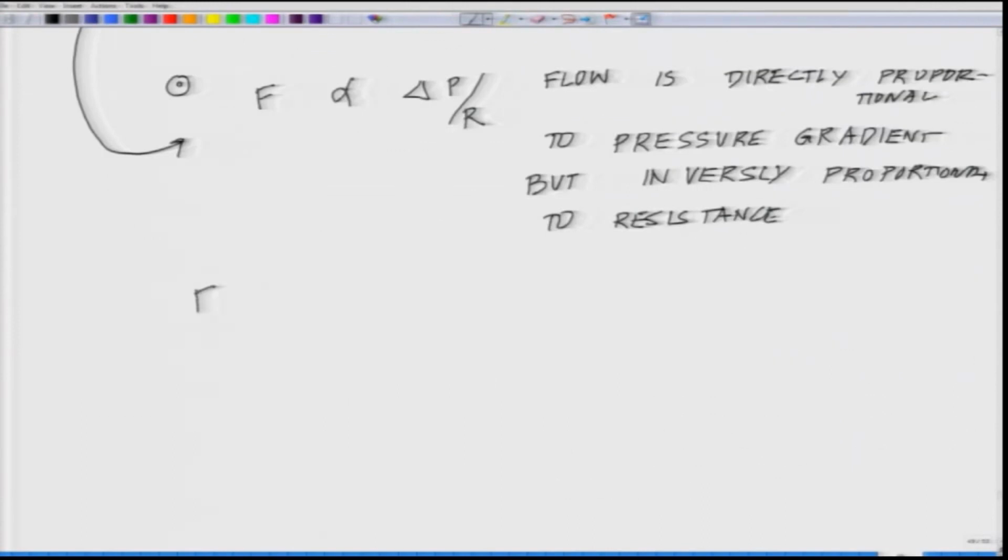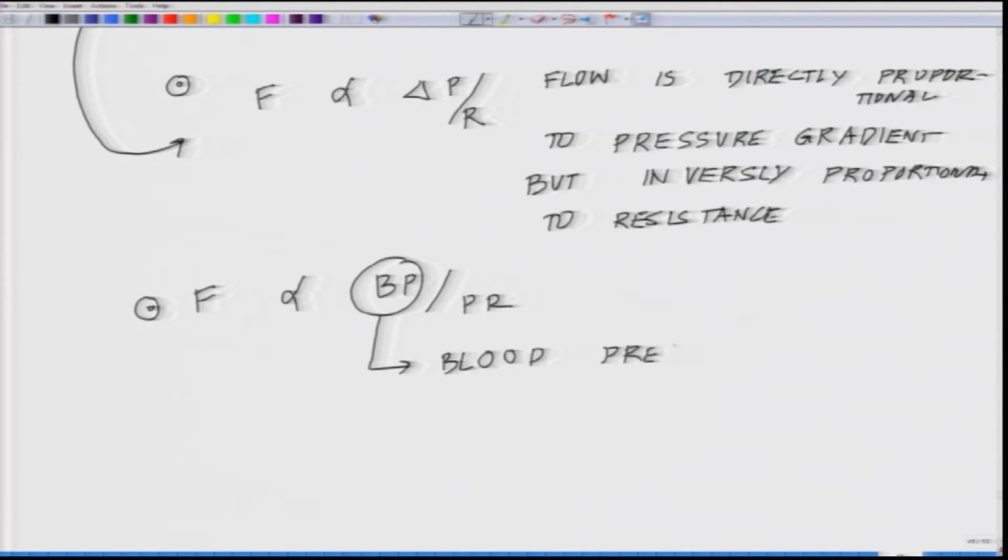Next, flow has a relation with blood pressure over peripheral resistance, that is, flow is directly proportional to blood pressure and inversely proportional to peripheral resistance.